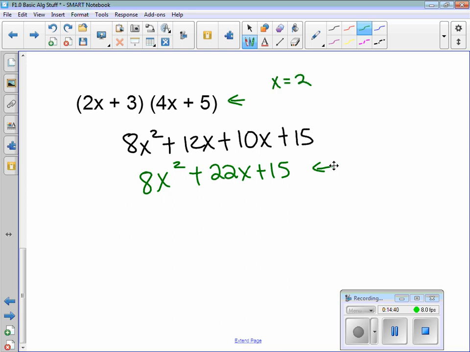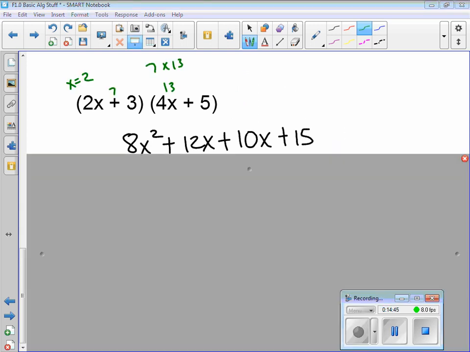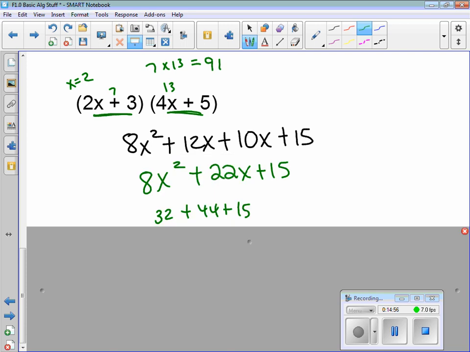Let's try 2, and we'll plug it into this one, and we'll plug it in this one, see if we get the same number. So I just plugged 2 into that expression, evaluated what this guy would be and what this guy would be, and 7 times 13, which is 91. So then I went down and plugged 2 into this expression, and sure enough, 91. That tells me I've done my simplification correctly.